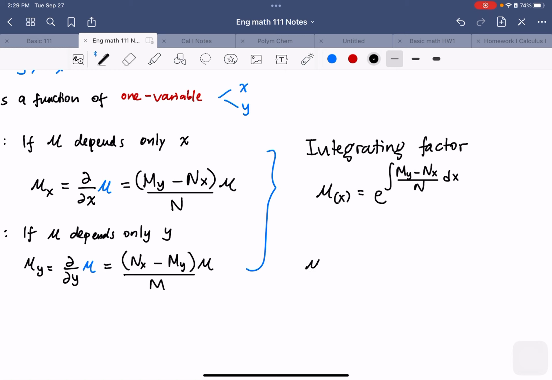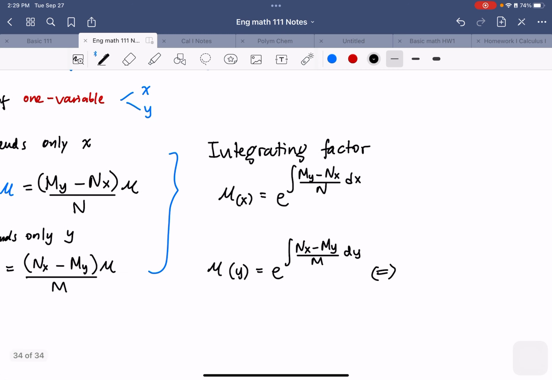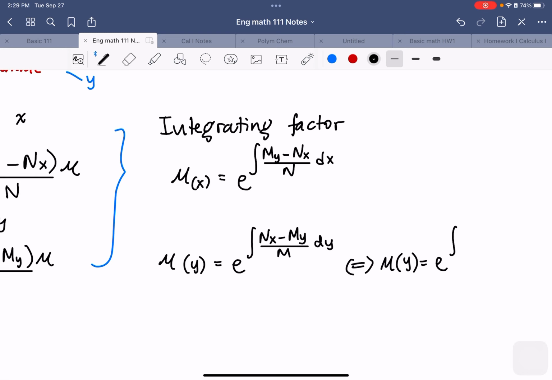Now for the function of y, we can write nx minus my divided by m dy, or we can make it e to make it have the same structure, so you don't really need to memorize another formula.